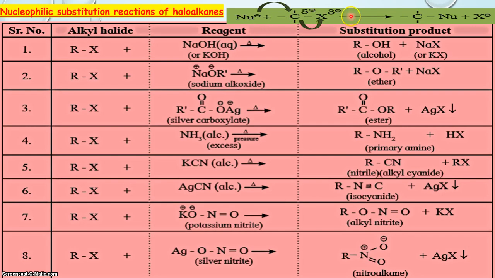The description regarding the sequence and the way in which these two changes take place is called the mechanism of nucleophilic substitution reaction. But this part we will be discussing in an upcoming lecture. So these are the important nucleophilic substitution reactions of haloalkane. Let us talk about these reactions in detail.